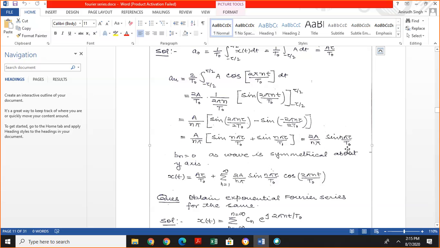And if we substitute the values of A naught and An, we get the final value of x of t.